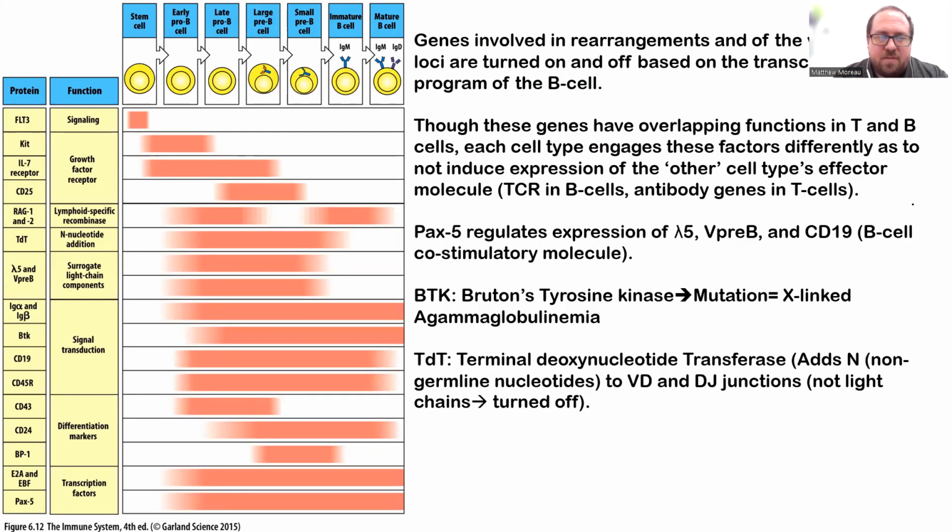So as I told you before, there's a number of different genes that help transition the B cell from stem cell all the way to a mature B cell. And one of the most important of these is PAX5, which is all the way down here. So PAX5 and E2A and EBF, which regulate PAX5, also regulate a number of other genes.